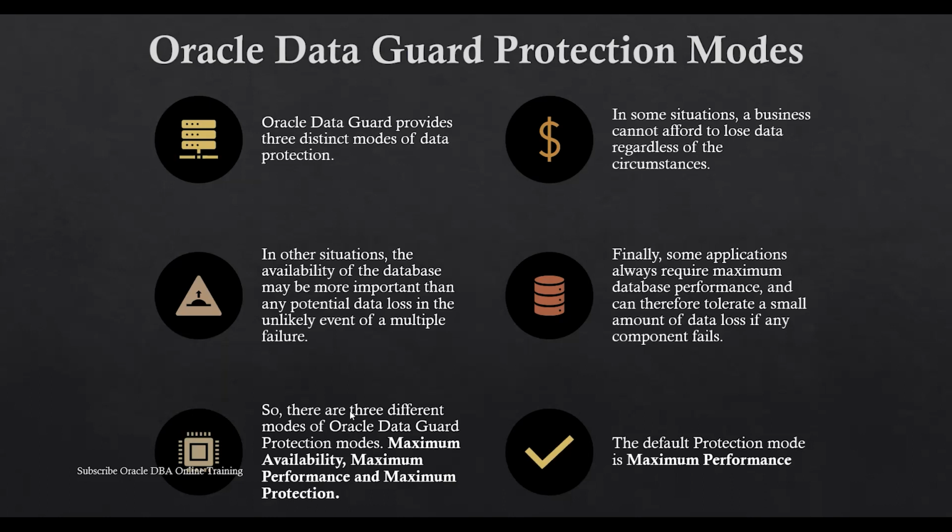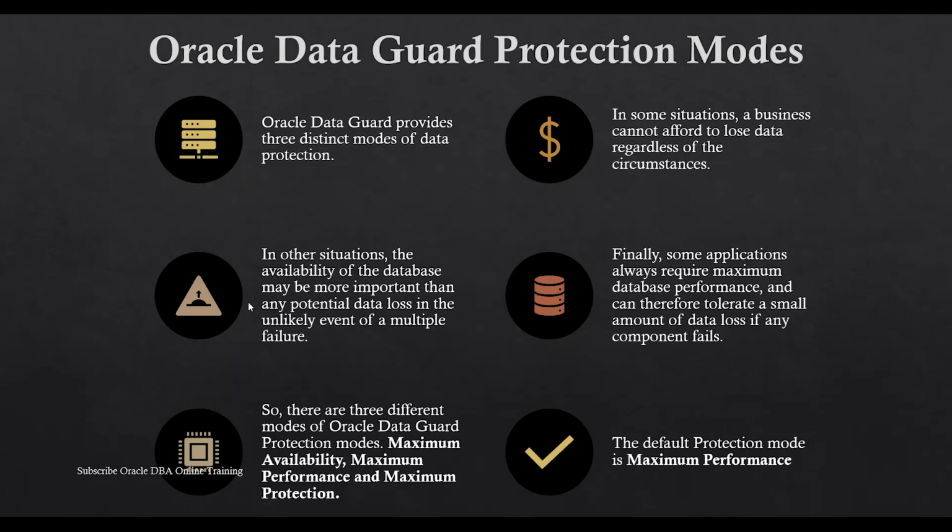In some situations, your business cannot afford the loss of data regardless of the circumstances. In other situations, your database availability may be more important than any potential data loss, given the unlikely event of multiple failures. And in some cases, some applications always require maximum database performance and can therefore tolerate a small amount of data loss.